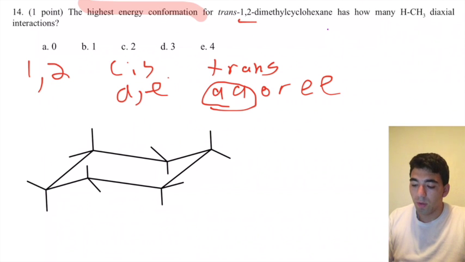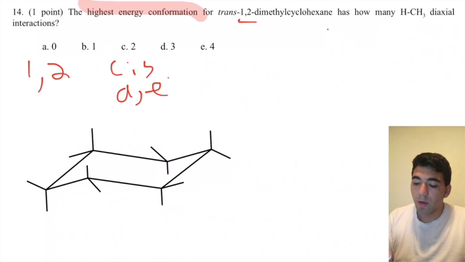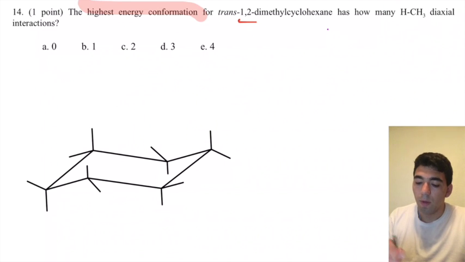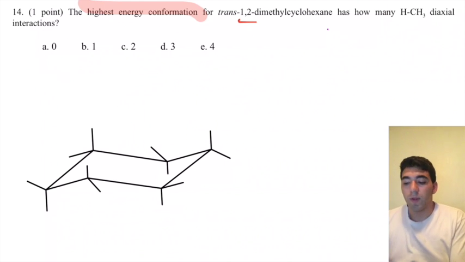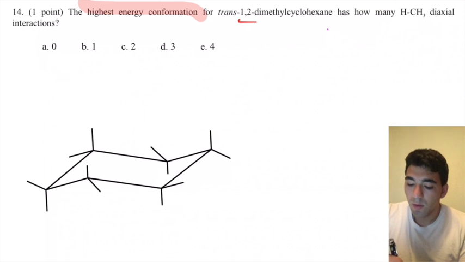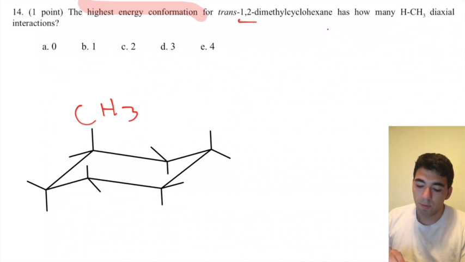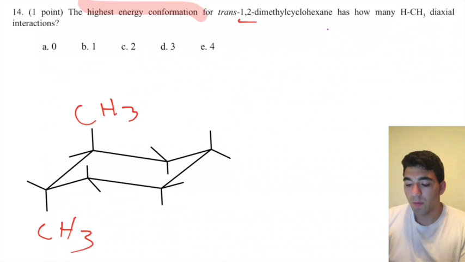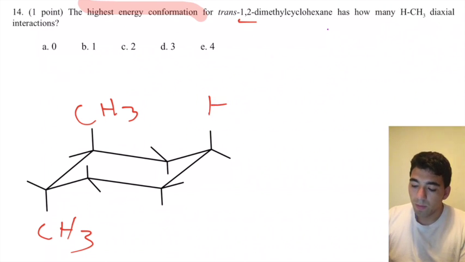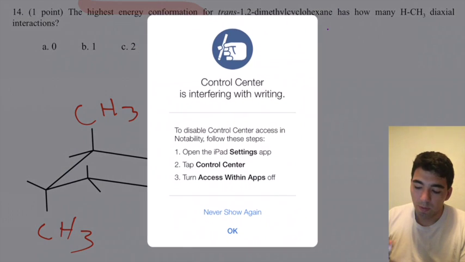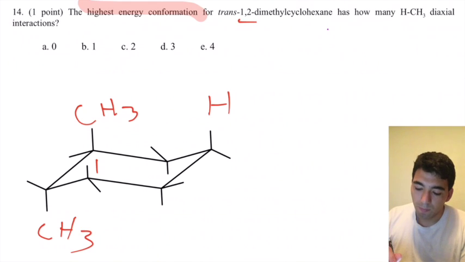Okay, so we can draw those out on this ring right here and count to see whether or not there's a ton of diaxial interactions. 1, 2, so let's draw 1 here, assuming that's the first methyl, and then we'll assume this carbon over here is 2, and we'll draw it down here. If you know how to draw this chair pretty well, this will be easy for you. But let's draw the H's now, just to see where they're going to bounce into each other.